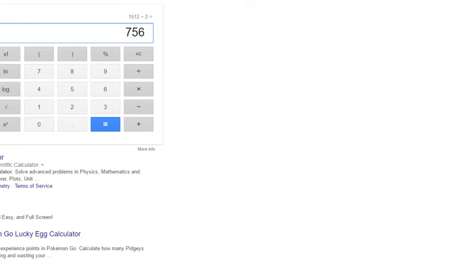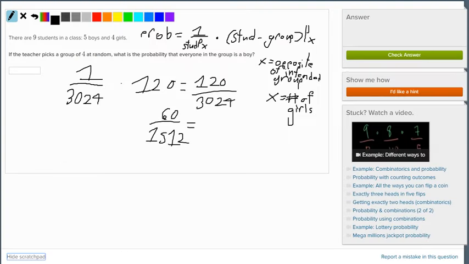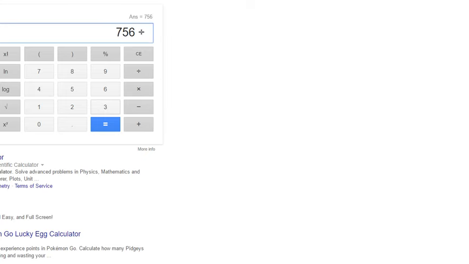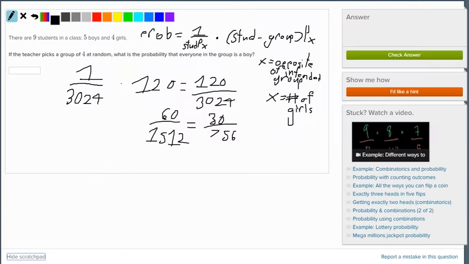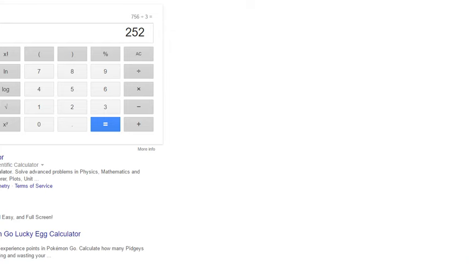Divided by 2 again, so 30 over 756. Can that be divided by 3? It can indeed, which leaves us with 10 over 252.